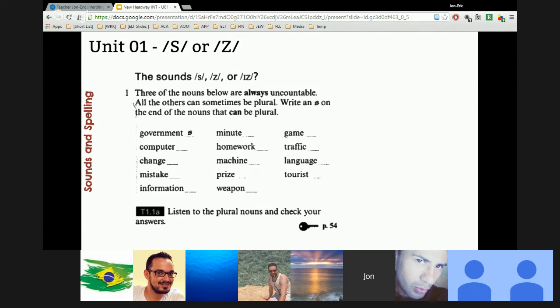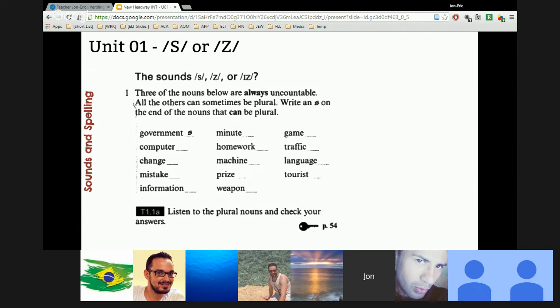Weapon. What's the ending? Weapons. I think this one could go either way. One weapon, two weapons. Honestly, I think you could say both.